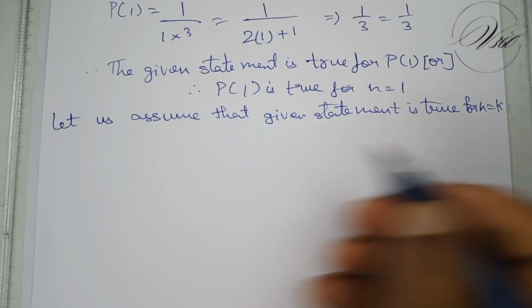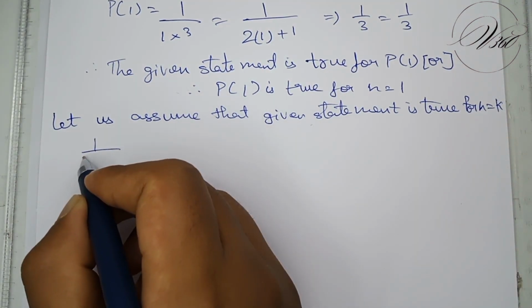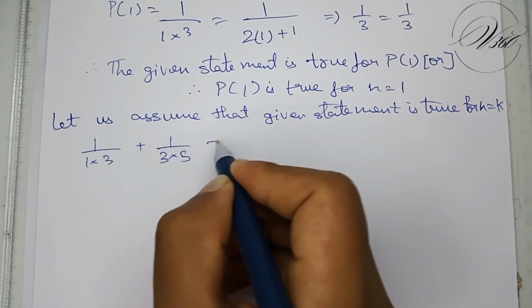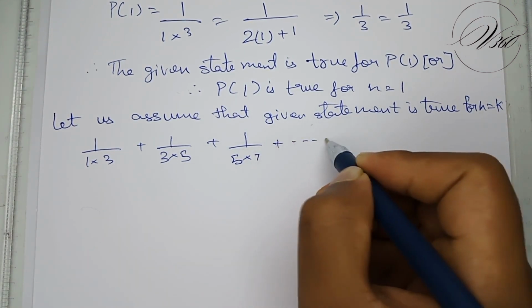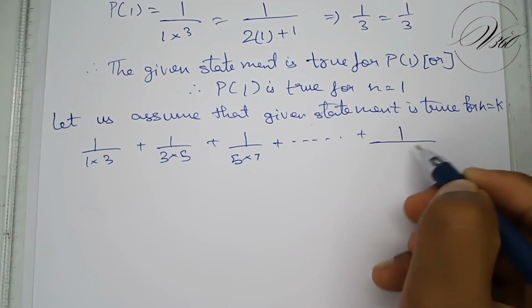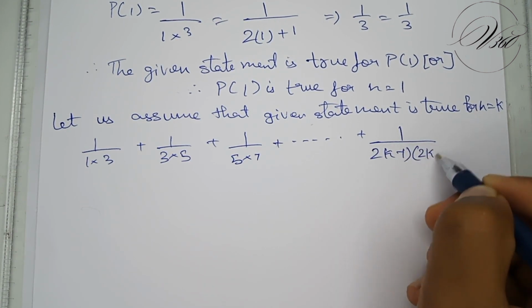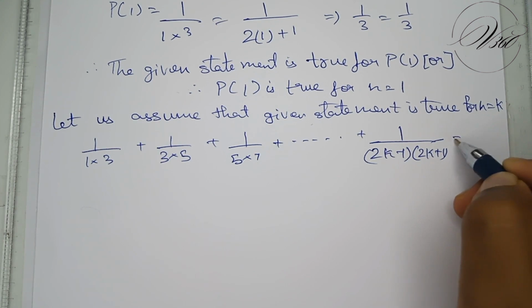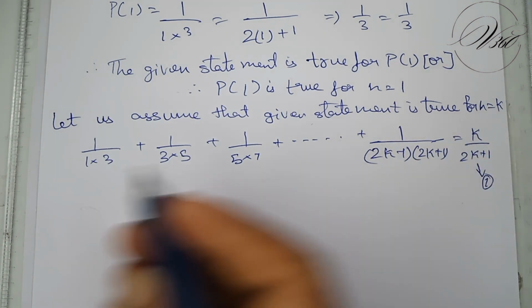For n equals k, then 1/(1·3) + 1/(3·5) + 1/(5·7) + ... + 1/((2k−1)(2k+1)) equals k/(2k+1). This is the first equation here we get.